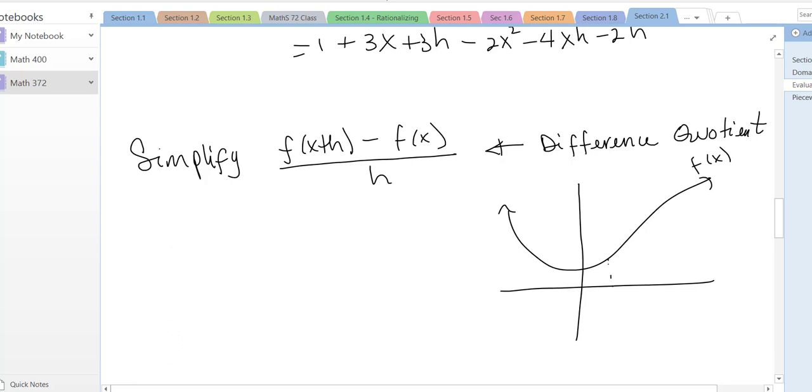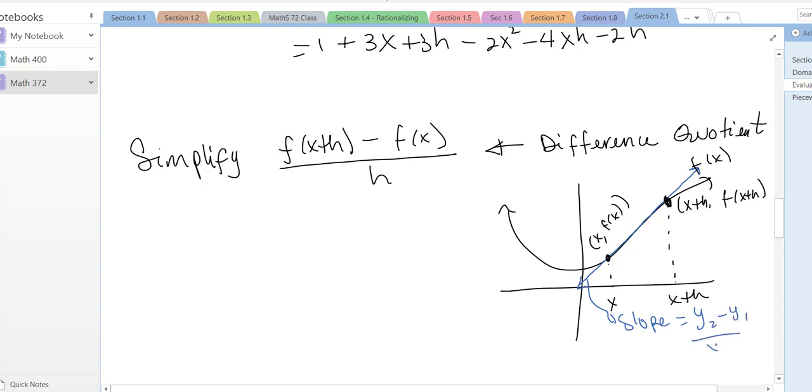and I have the point x here, and then I have some other point, x plus h, then this is x, f of x, and this point over here is x plus h, f of x plus h, right, the x and the y value. And so notice that there's a line that connects those 2 points. So if I wanted to find the slope of this line, it is y2 minus y1 over x2 minus x1 using our slope formula.